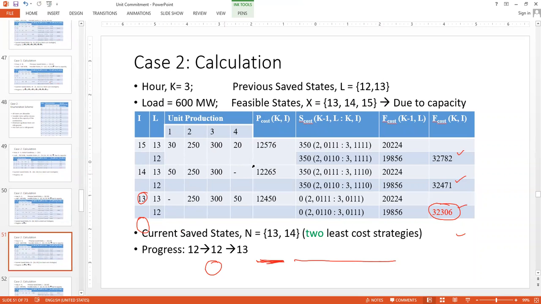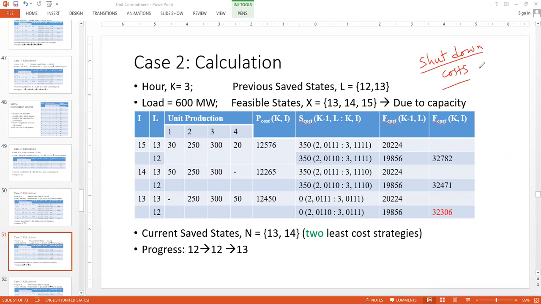Okay. And I think you can now follow the steps. You should be able to solve these things. Same thing, same way we do the calculation. You know now how to calculate the transition cost. The only thing that you have to remember is, there is no shutdown cost.